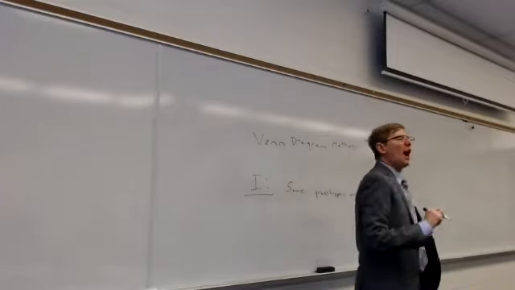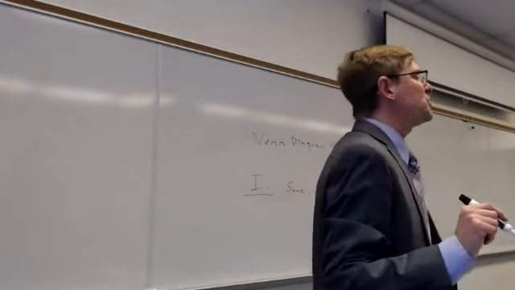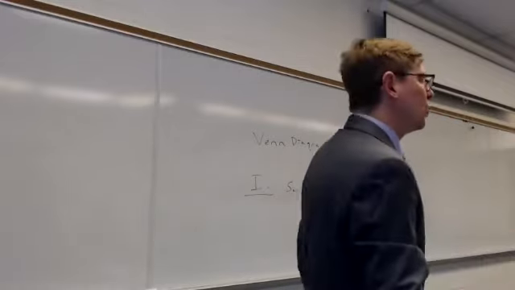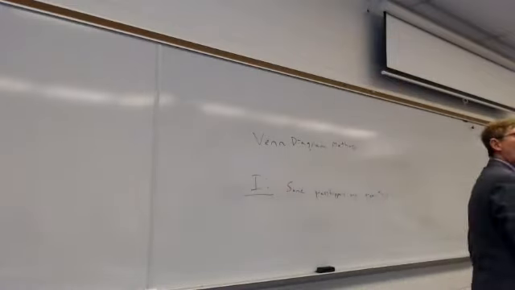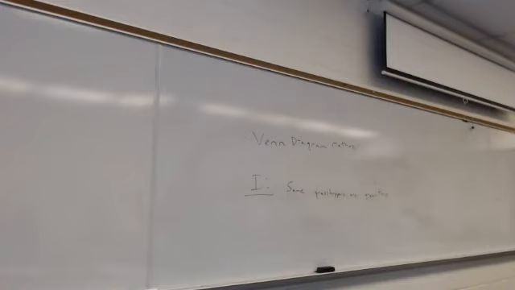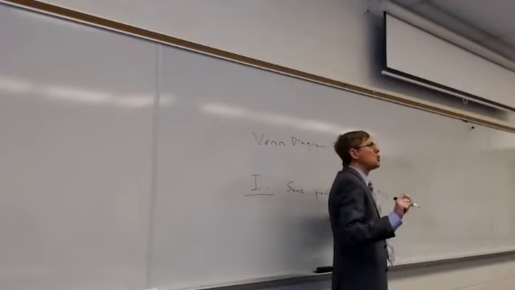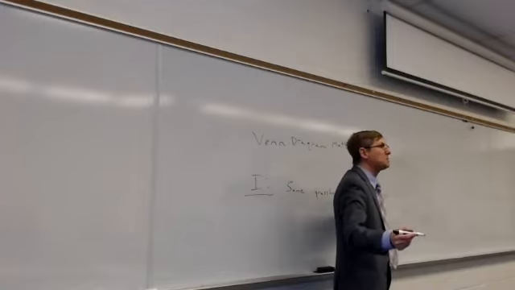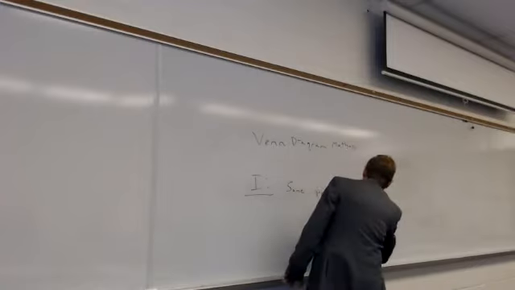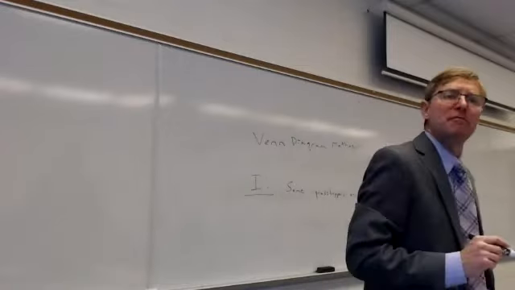Now, folks, unlike E and A statements, I statements are called particular affirmatives. We are actually affirming that there's at least one member of this class that's a part of this class. So instead of shading areas where there are no members, we are going to place an X in the area where members have been asserted.